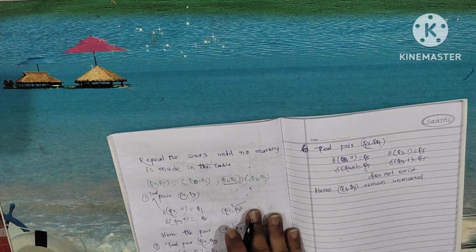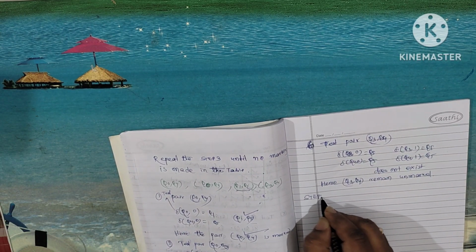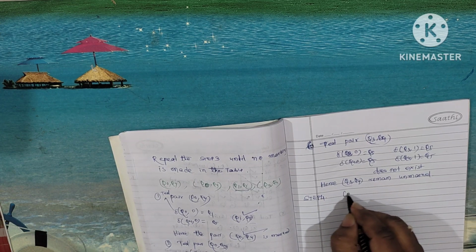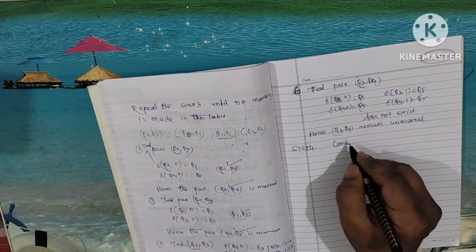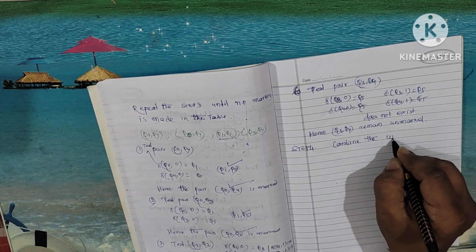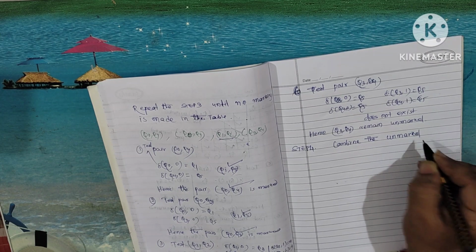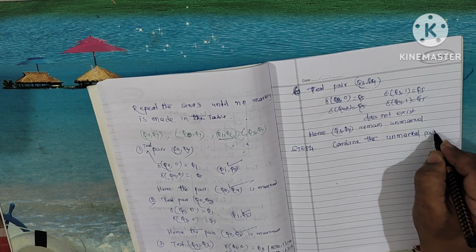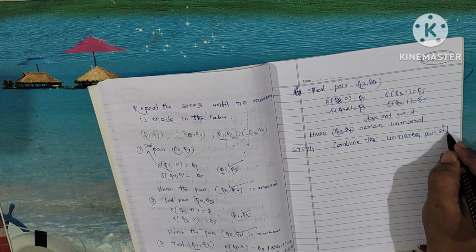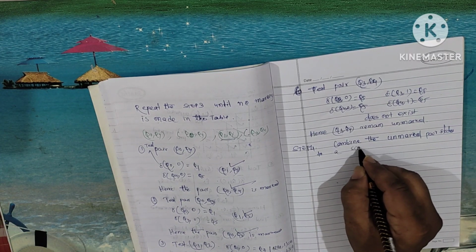Step number 4. Combine the unmarked pair states to a single state.